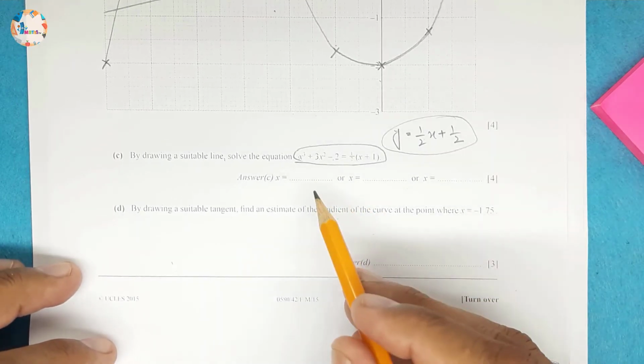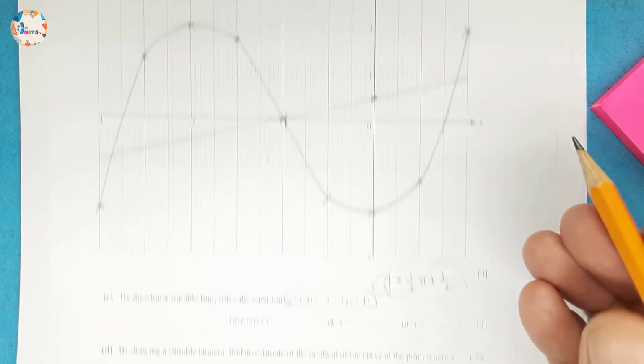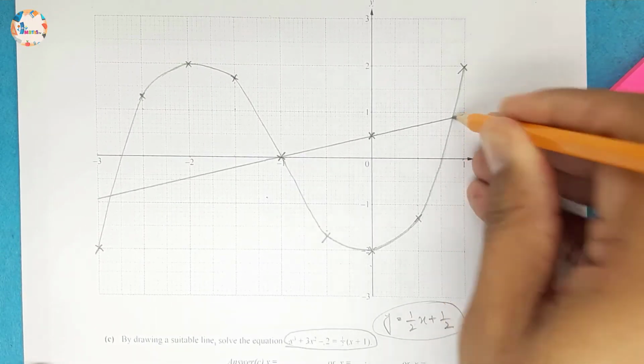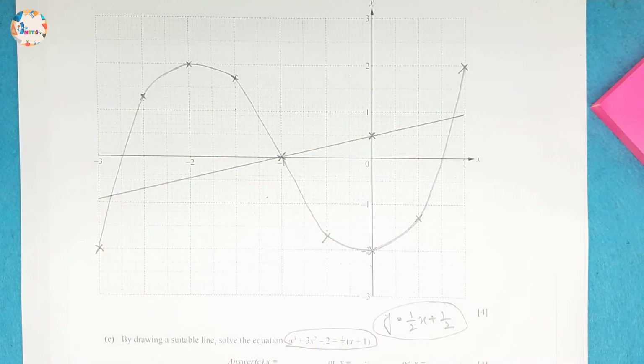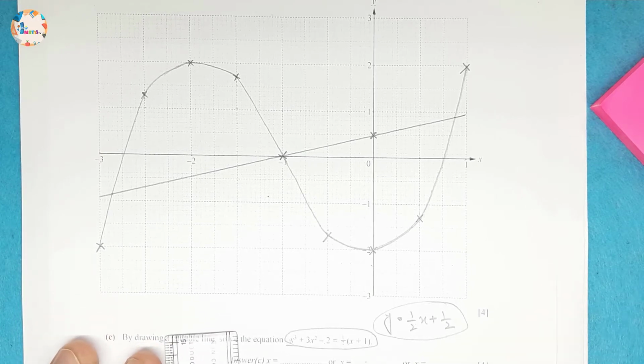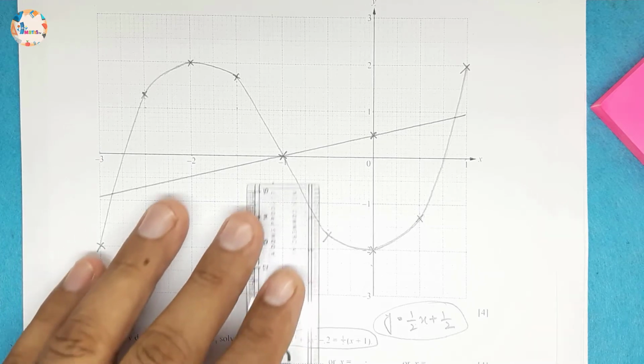So we have to provide 1, 2, 3 x values. One will be this one, second will be this one, and third one will be this x value. So for this first x value, we can check for this.